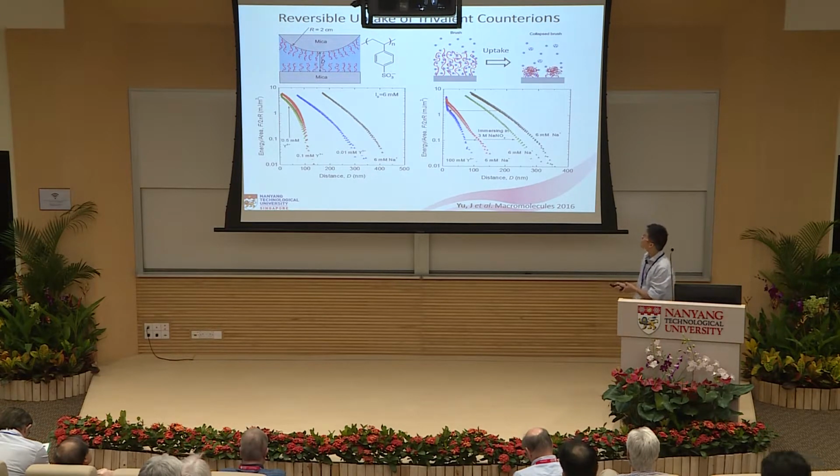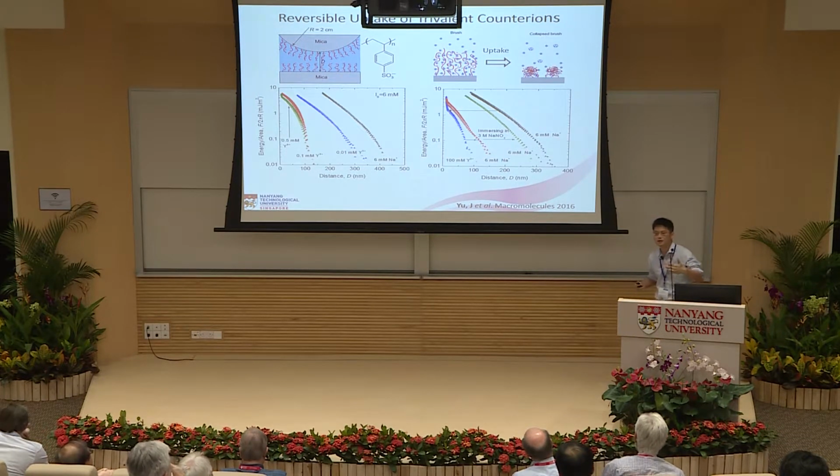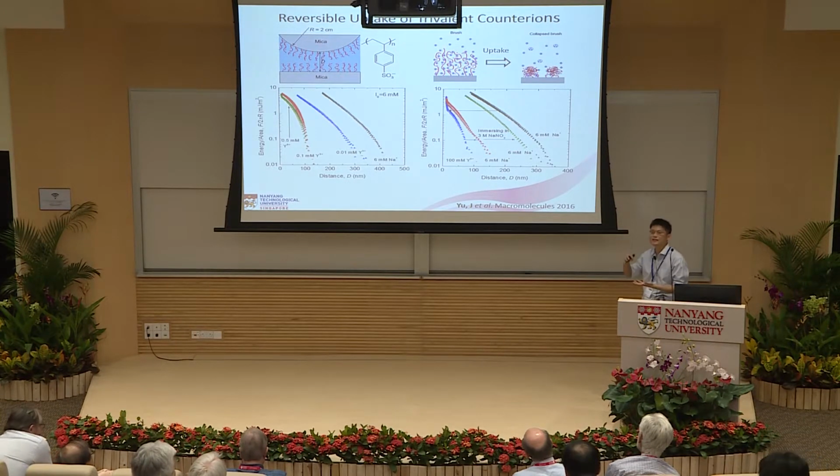Now, this collapse of the PSS brushes is indeed reversible. After you collapse the brushes with multivalent ions, if you remove the multivalent counterions in the solution and replace the solution with monovalent ions, the brush starts to reswell.